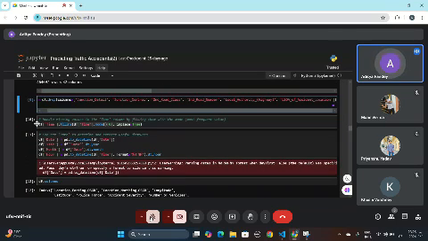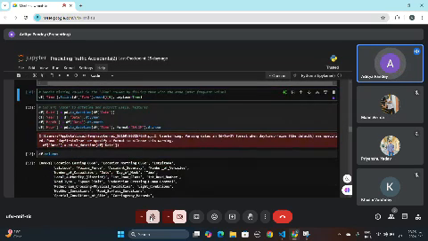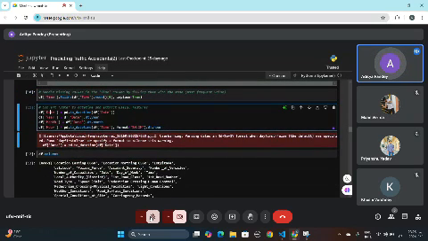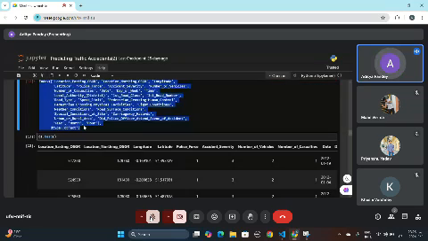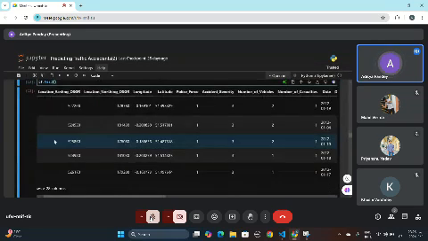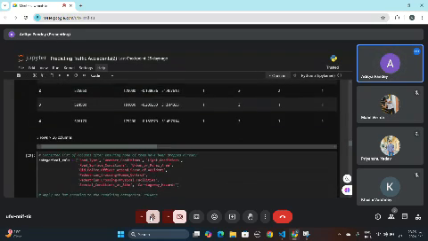After that, we are filling the mode values in the time column so that our dataset gets clean. And in the next cell we are extracting year, month and hour from the date and time column for our use. After that, we got these columns in our dataset. After that, we are again removing the date and time columns from our dataset because we have extracted the other things from these columns.